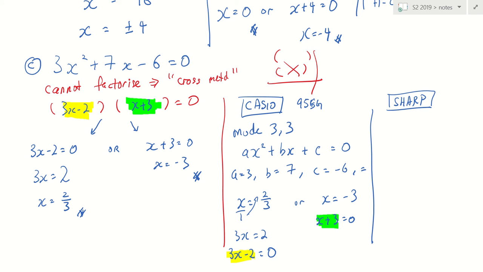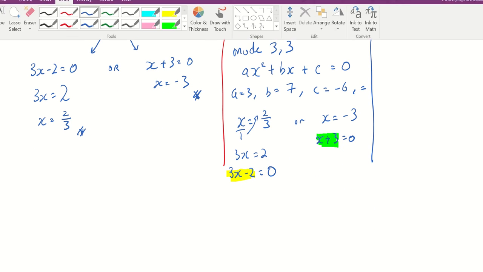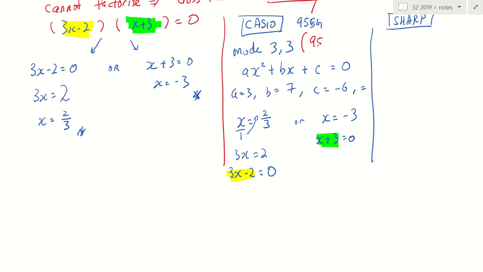Casio 97. I use red color to tell you the model. This is 95 SG, 96 SG. I'm not talking about 97 SGX. Press shift plus menu plus 4. Wrong.